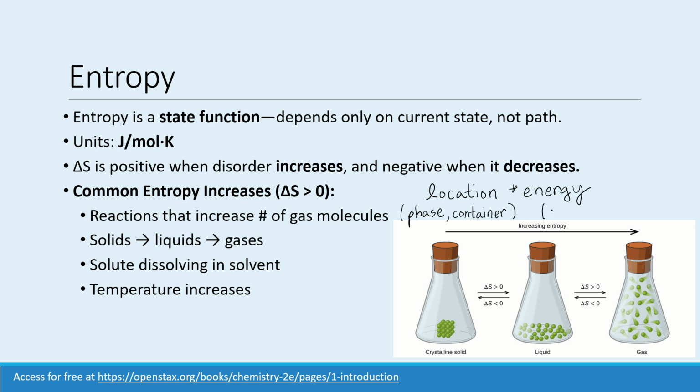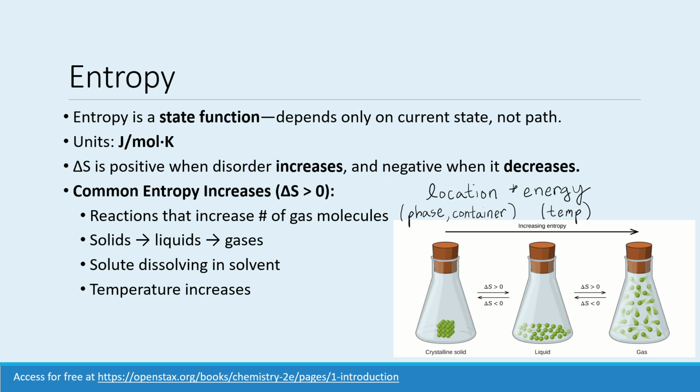And then energy, of course, we're going to change that based on the temperature, right? So if we increase the temperature, of course, we're going to increase the energy of those gas molecules. And we can also increase the energy from the phase change as well, right? Because when you're in motion as a gas, there's more motion to that and more freedom than if you're a solid. So again, we can see entropy increase if we increase the number of gas molecules.